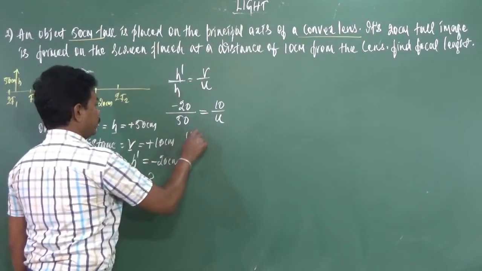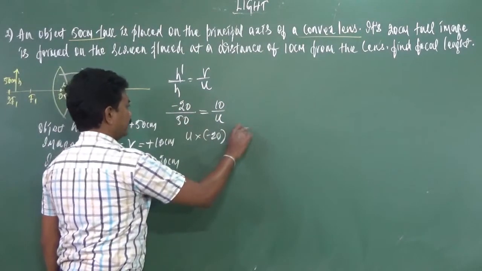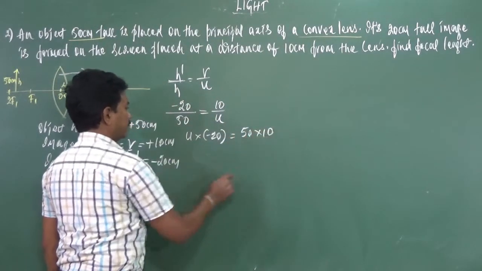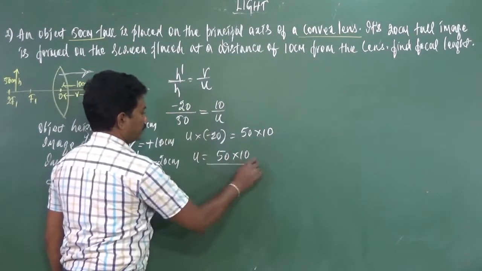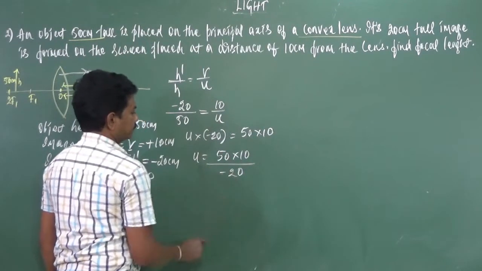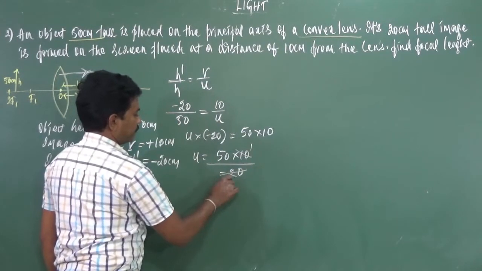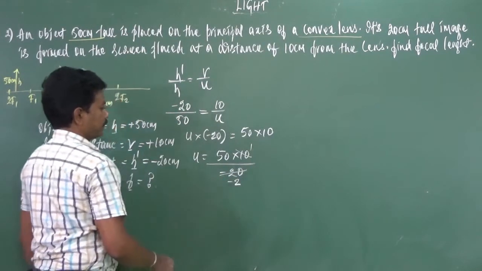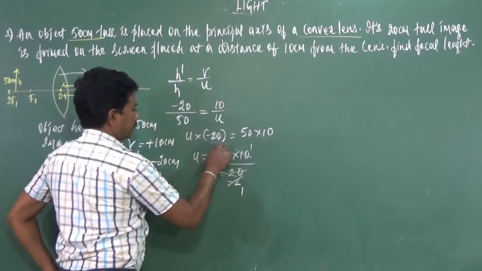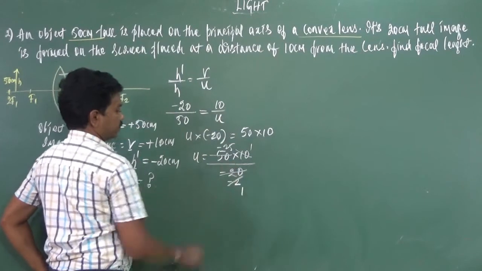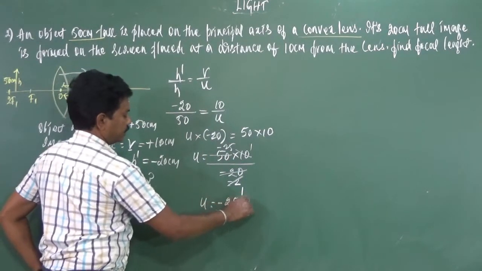So u into minus 20 is equal to, on cross multiplication, 50 into 10. So u is equal to 50 into 10 by minus 20, which gives minus 25. So u is equal to minus 25 centimeters.